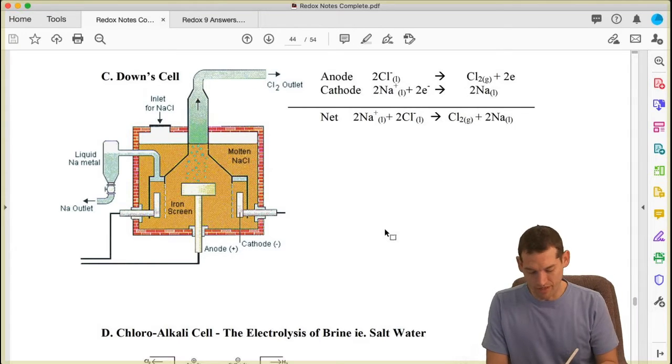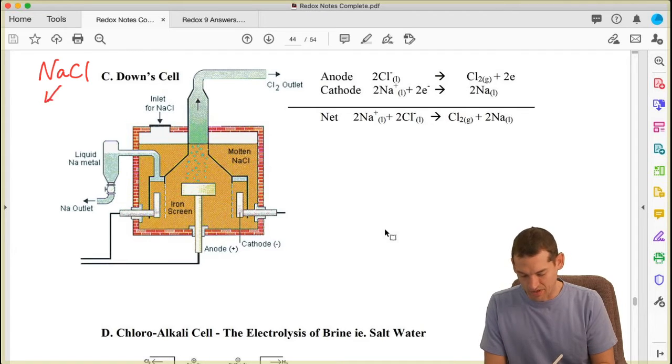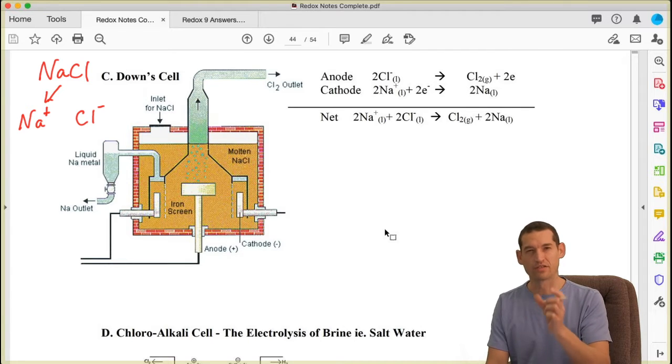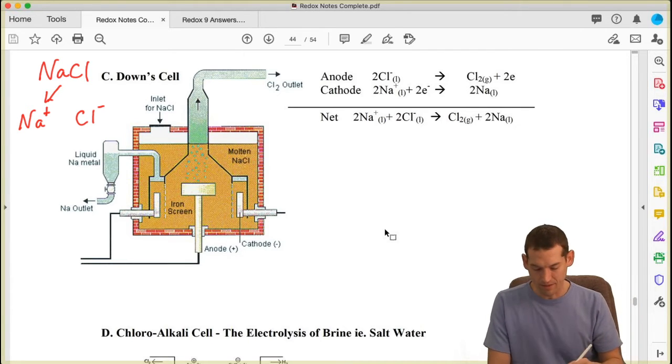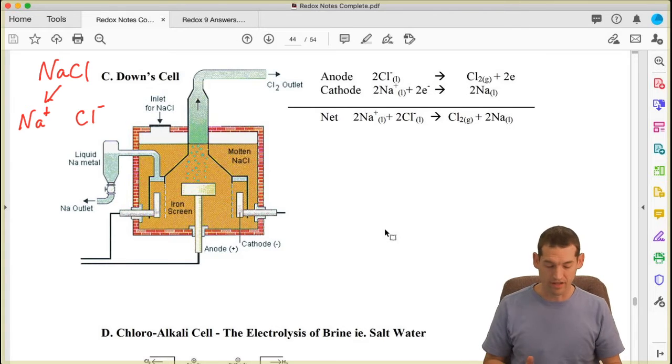So when you have NaCl go into here and we heat it up, it's still going to break up into Na positive and Cl negative, but not aqueous. Like it does dissociate into ions, but not aqueous. That's the key. So we do have in here Na positive and Cl negative, and that's all. Nothing else. No water, nothing.